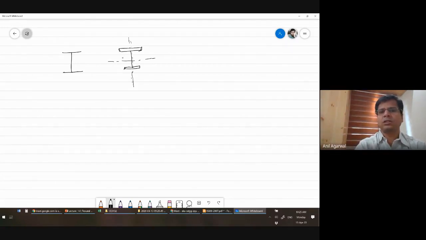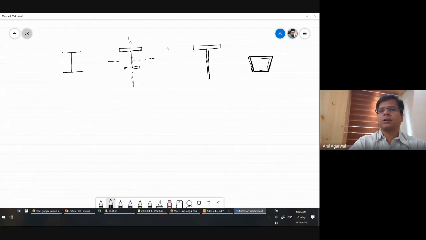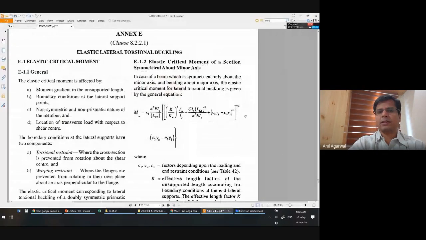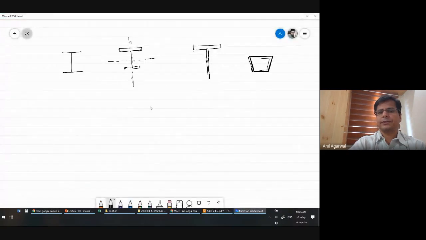Similarly, the T section also comes under the similar classification. All such cross sections, even this kind of box section, which is not symmetric about both axes but symmetric only about the minor axis, come under this classification, and this equation can be used again for calculating the M critical value of such cross sections.